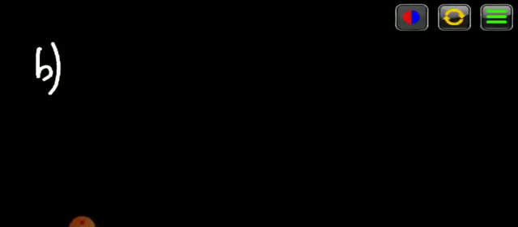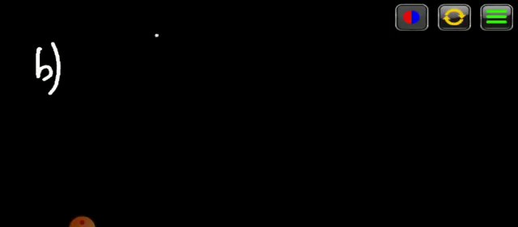Now coming to B part. If a number is divisible by 9, it must be divisible by 3. Now children, this statement is opposite of the statement that we have done in the first part. Here they are saying if a number is divisible by 9, it must be divisible by 3. अगर कोई नंबर 9 के टेबल में आता है तो it will come surely in the table of 3.